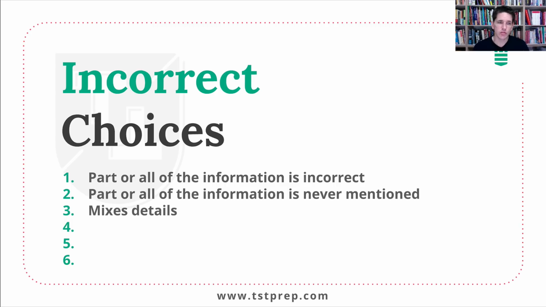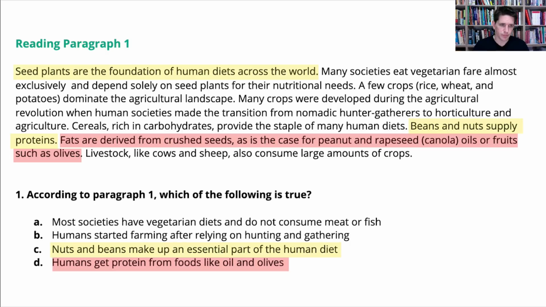Another way to make incorrect choices is to mix details. So here, if you look at the part highlighted in yellow, C, nuts and beans make up an essential part of the human diet. The first sentence says seed plants are the foundation of human diet, so that's an essential part. But beans and nuts supply protein, so this is mixing those two pieces of information.